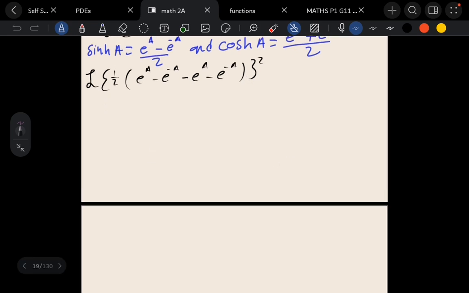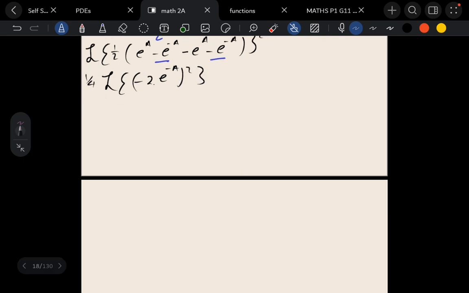If you square the half, I'm going to have 1 over 4 times the Laplace transform of e to the power... because these will be like terms. Then I'm going to have negative 2 times e^(-a), but now squared, so it's going to be 1 over 4 the Laplace transform of 4 e^(-2a). Now the 4 will go outside, then I will have the Laplace transform of e^(-2a).